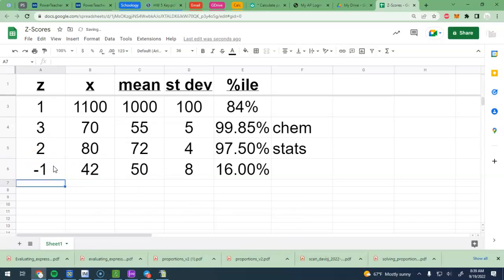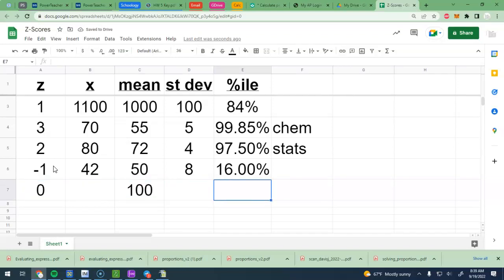So let's say the z-score is 0 and the mean is 100. What is the percentile going to be if your z-score is 0? You are 0 standard deviations away. Look at you raising your hand. Gavin? Nice. Love it. 0 standard deviations away means you're not above the mean, you're not below the mean, you're on the mean.